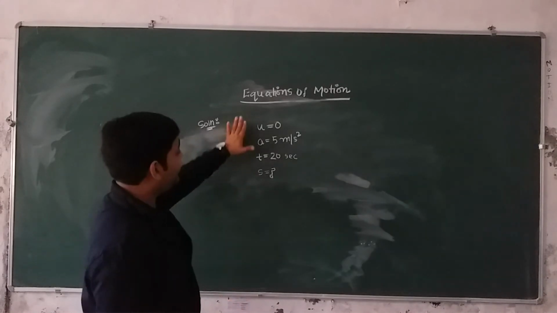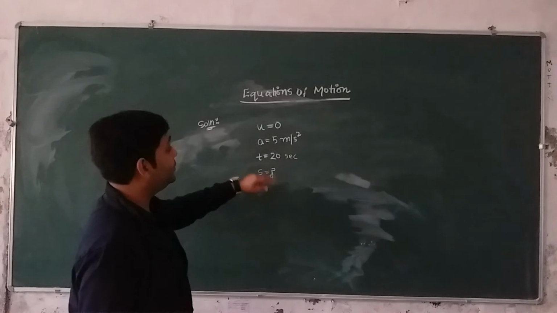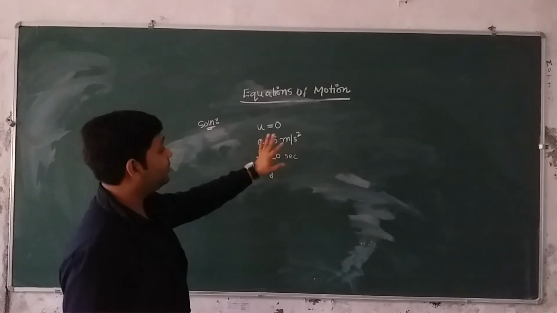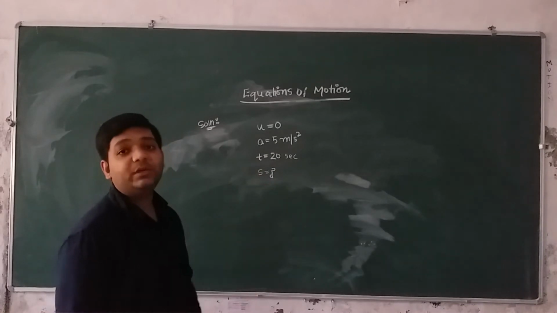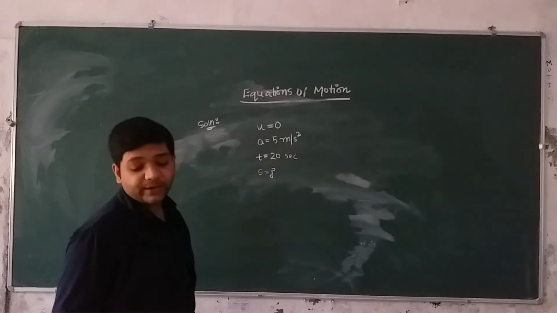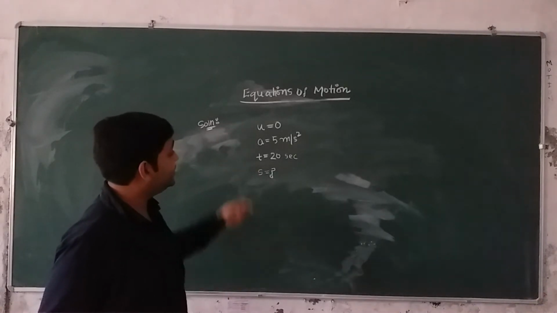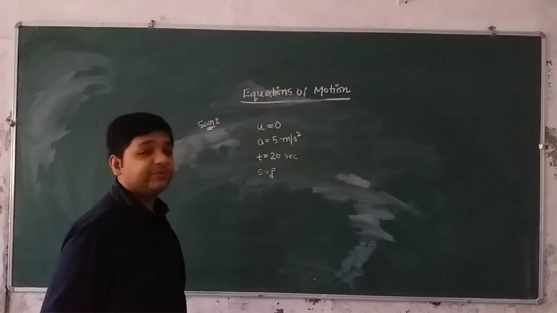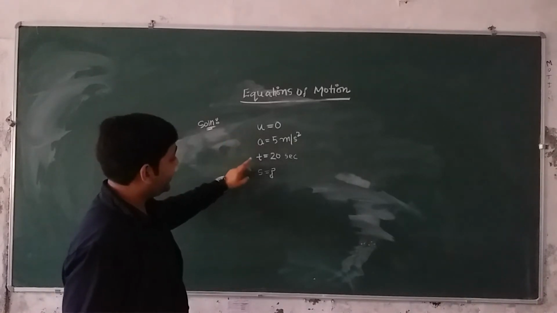So now we have this data given in the question. We have initial velocity u equal to 0, acceleration is uniform, 5 meter per second square, time is given as 20 seconds, and we want to calculate the displacement or distance. In this case, both are equal, right? Now we need one equation of motion that relates all these four quantities, u, a, s, t.